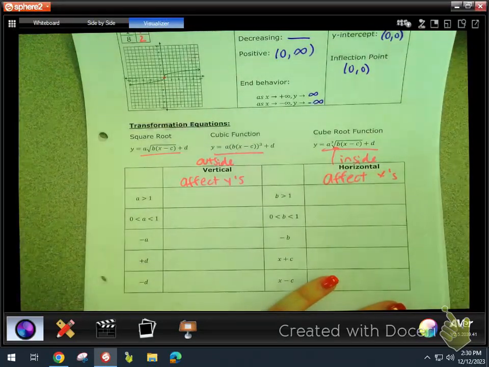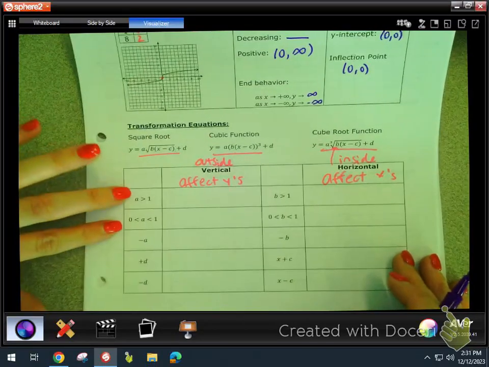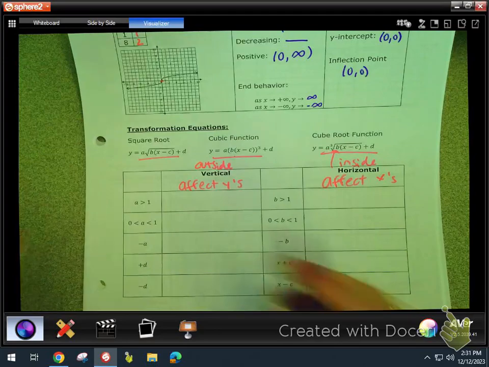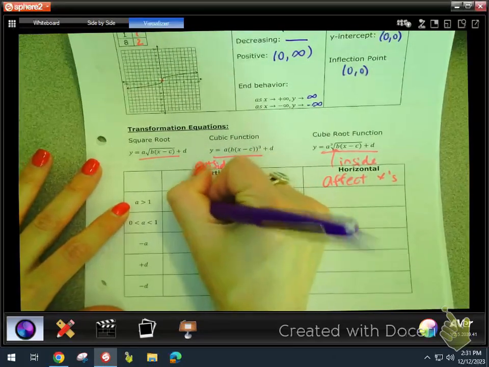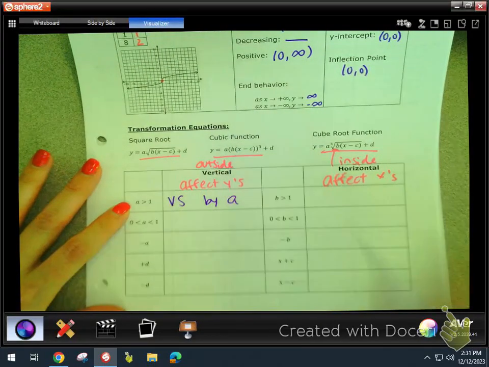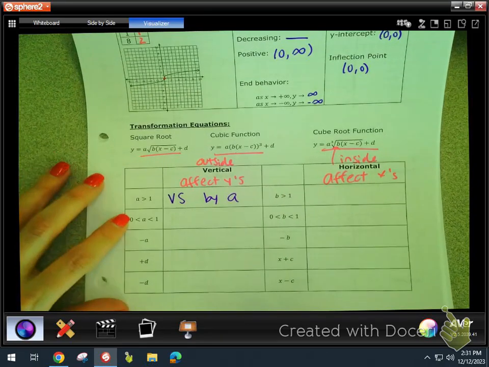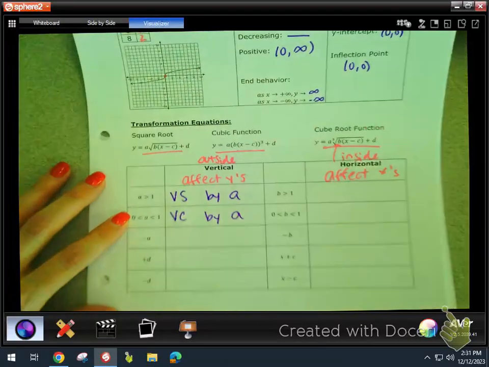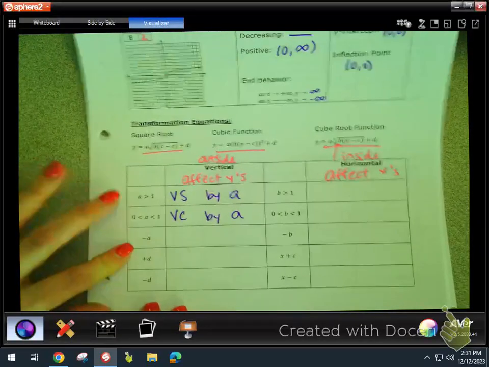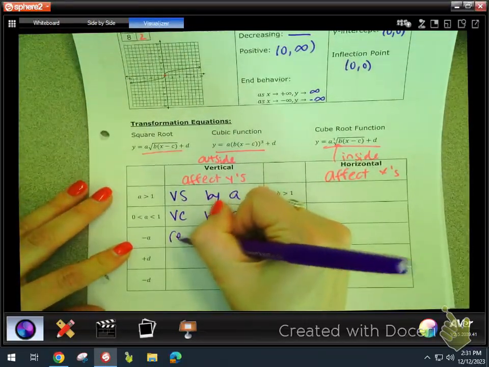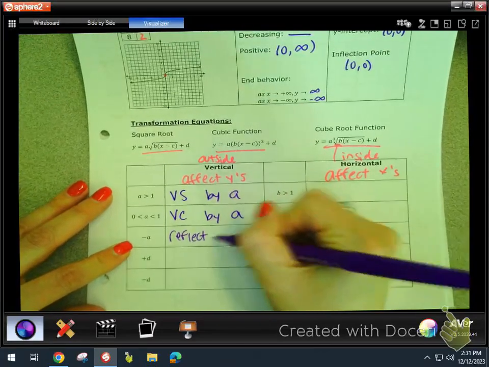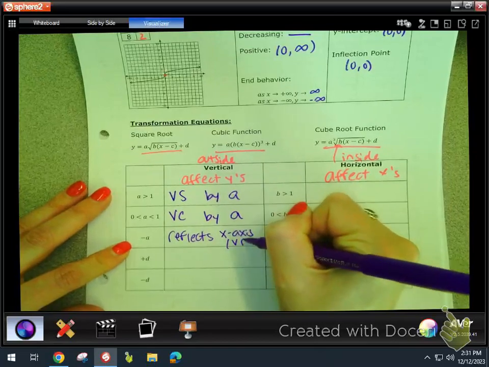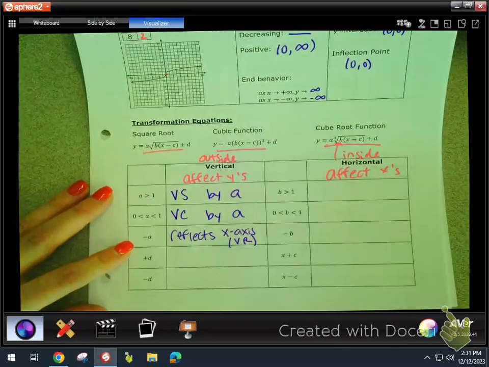All right, really quick. A values. If the A value, it's the very front number, those are your vertical stretches or compressions. So if it's greater than 1, it's a vertical stretch by the number itself. If it's between 0 and 1, it's a vertical compression by that factor. If it's negative, that is a reflection over the x-axis, or I think a lot of times y'all like to call it a vertical reflection.